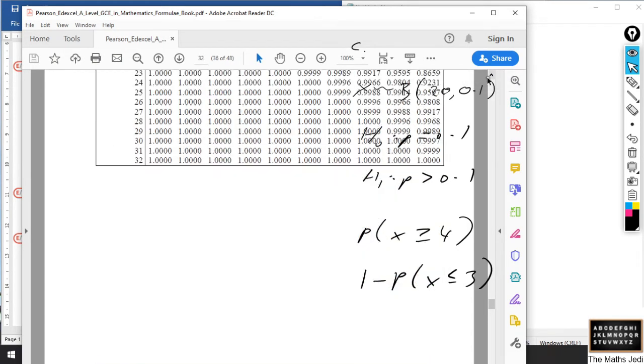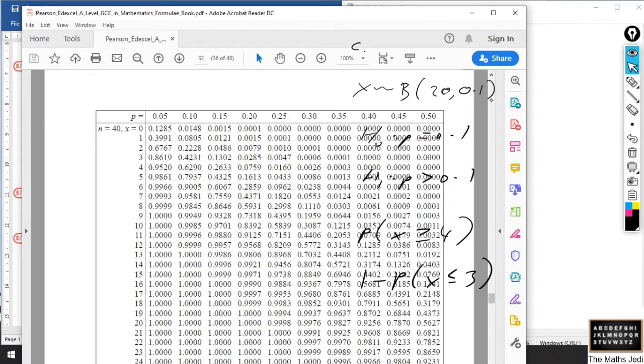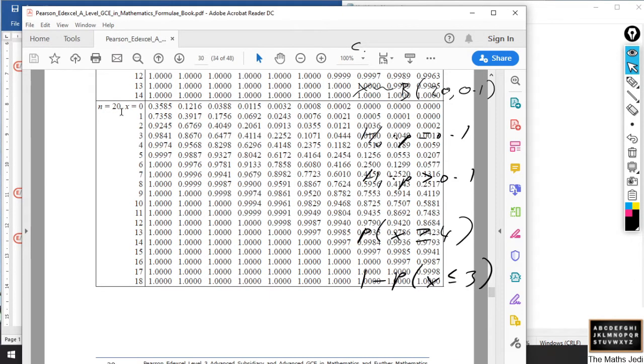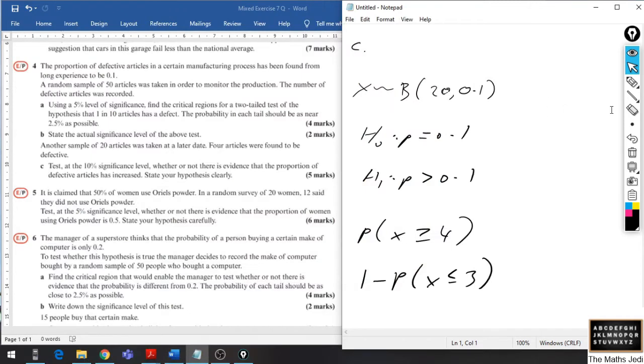So it's a little bit further up the table. This is 40, so a bit more. That's 25, and there's 20. 0.1 is this column here, the second column in. So we're looking for it being less than or equal to 3, 0.8670.